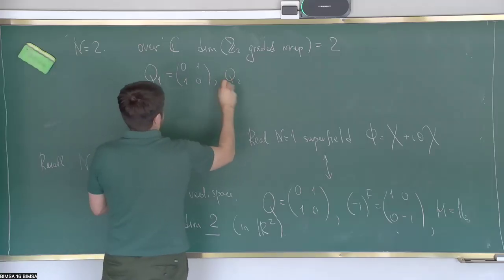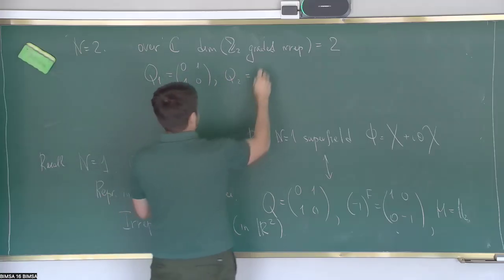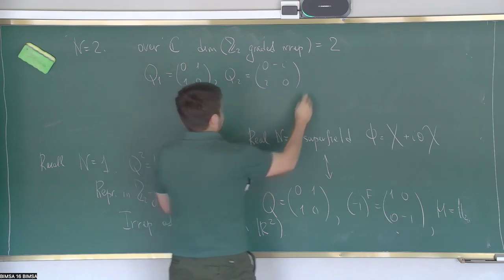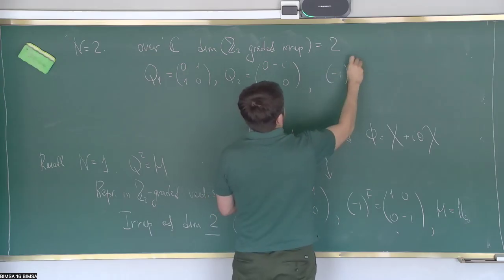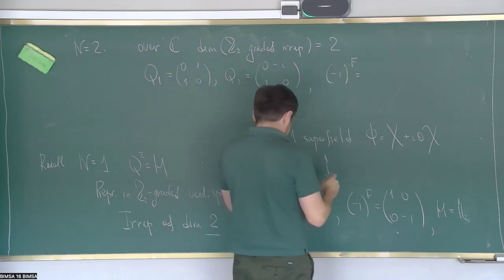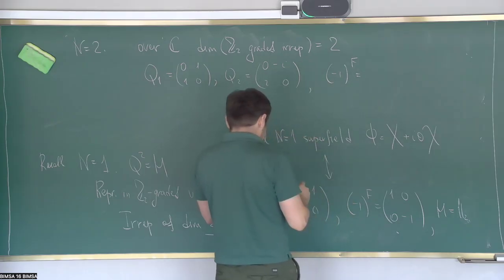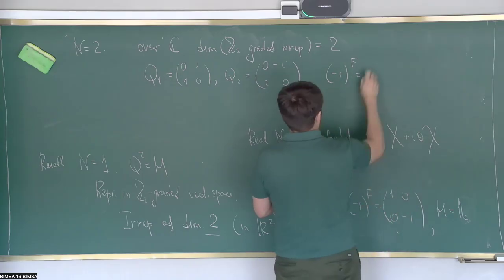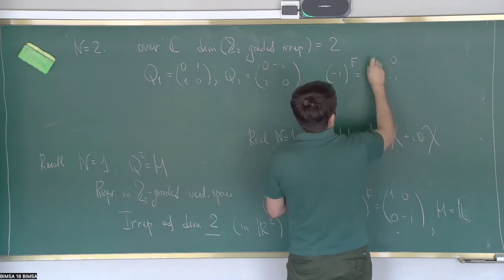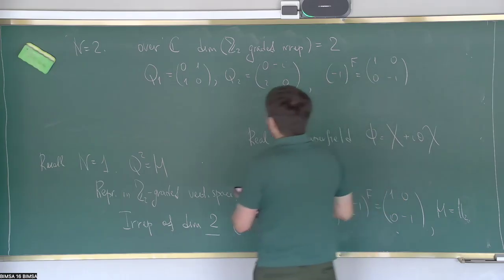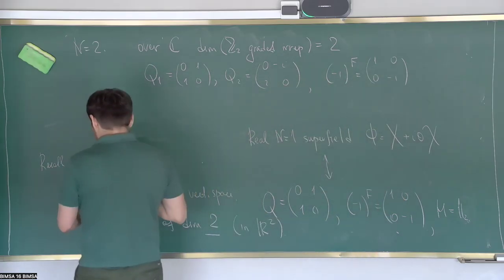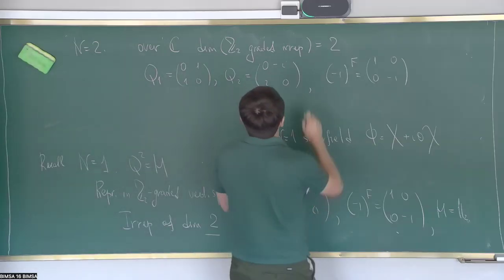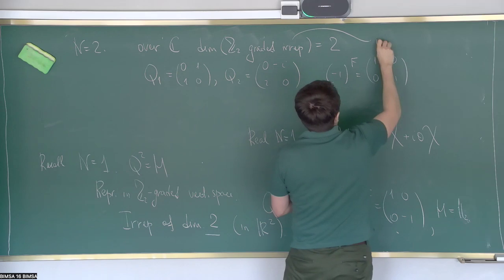So these are the Pauli matrices, right? Then there's Q2, and this one, minus 1 to the F, is the third Pauli matrix. So this is the representation in C2.